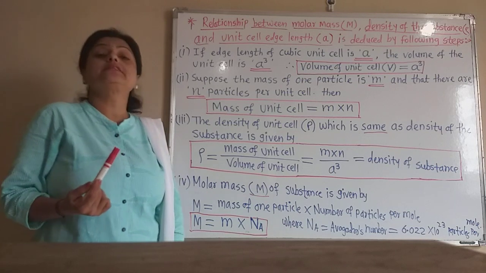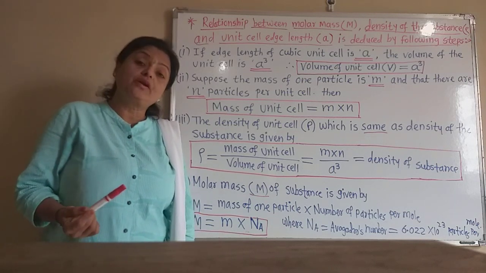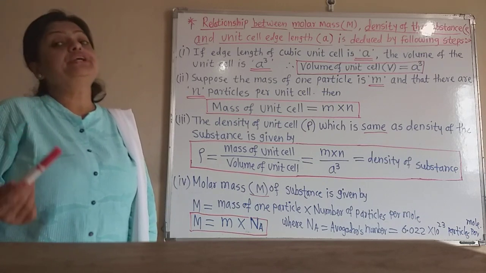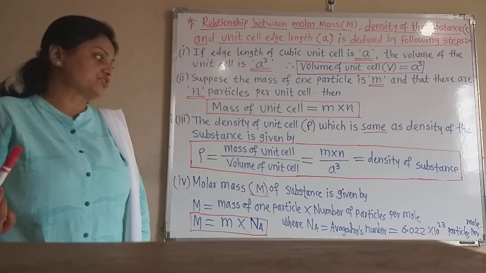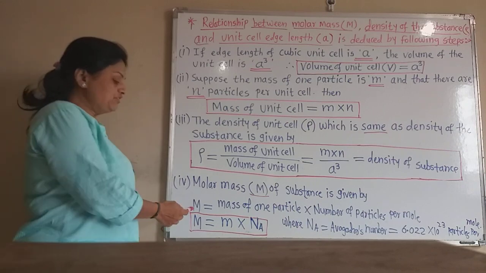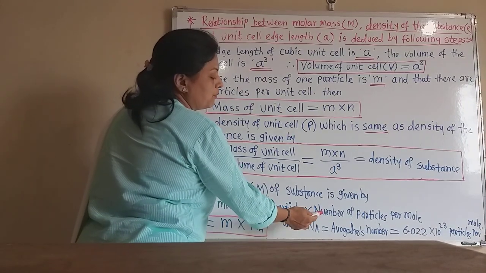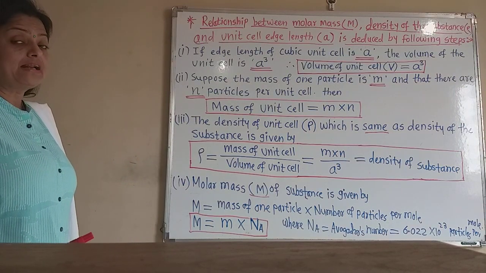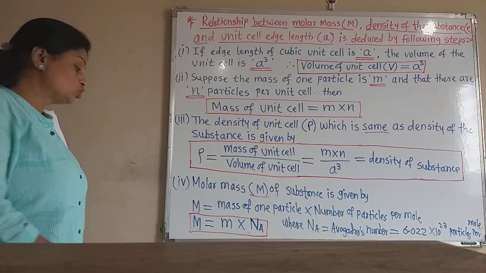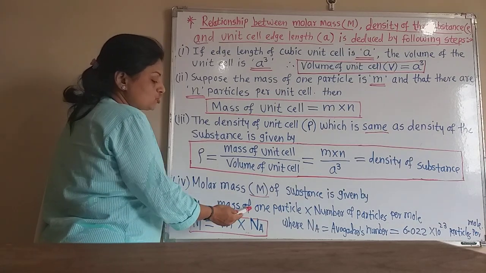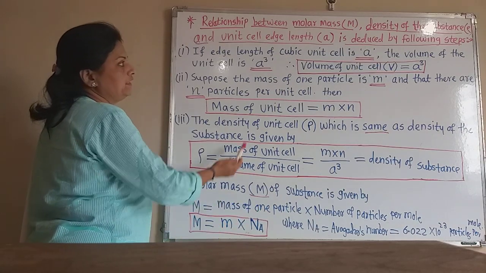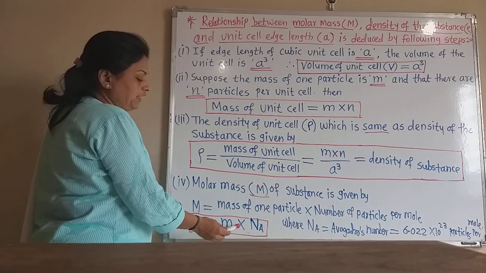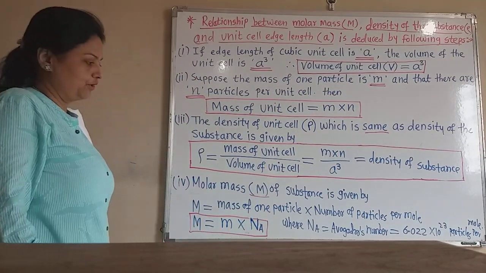So molar mass of the substance is mass of one particle into number of particles present in 1 mole of the substance. So M is equal to mass of one particle into number of particles per mole. And number of particles per mole is nothing but the Avogadro's number. So M is equal to mass of one particle, we take as small m, into Na, that is the Avogadro number.